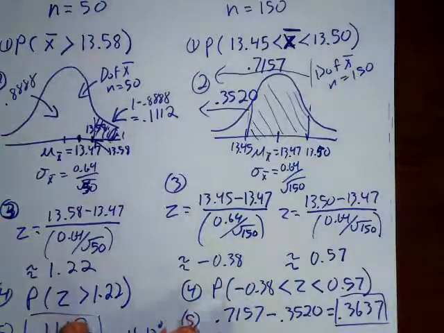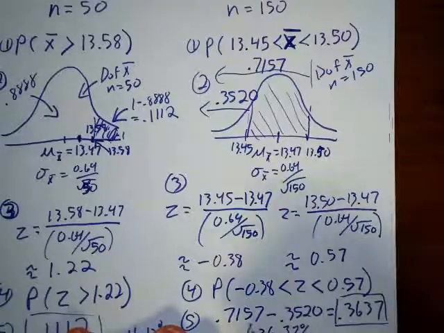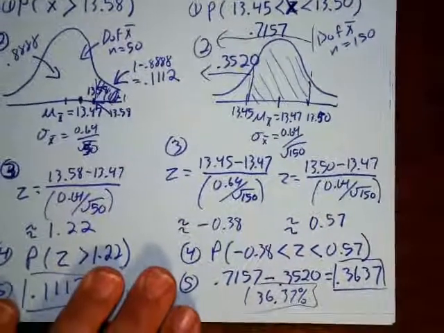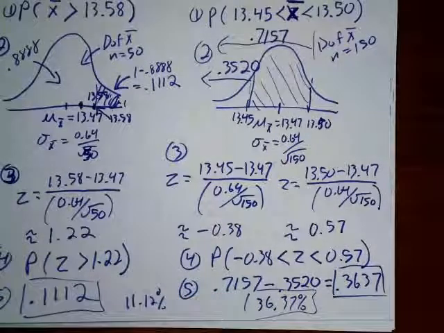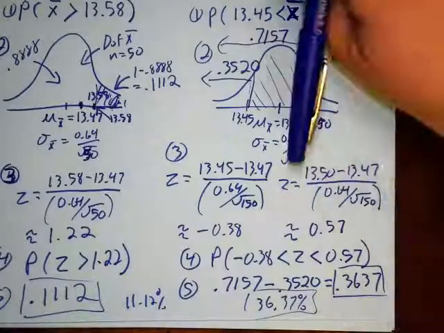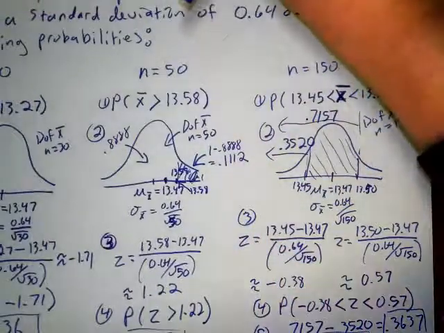Let's see here. And you can also think of that as, of all the possible samples of size 150 that you could take out, a little over 36% of those samples will have a mean that's between those two, 13.45 and 13.50. Okay, so there you go.